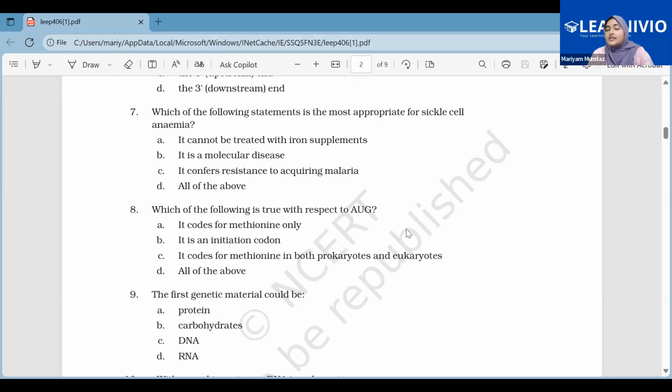It's because what happens in sickle cell anemia? In sickle cell anemia, the shape of the RBC changes from biconcave to sickle-like, and the malarial pathogen, that is Plasmodium, requires the RBC for its infection. So if the RBC has less space, where would the pathogen go?